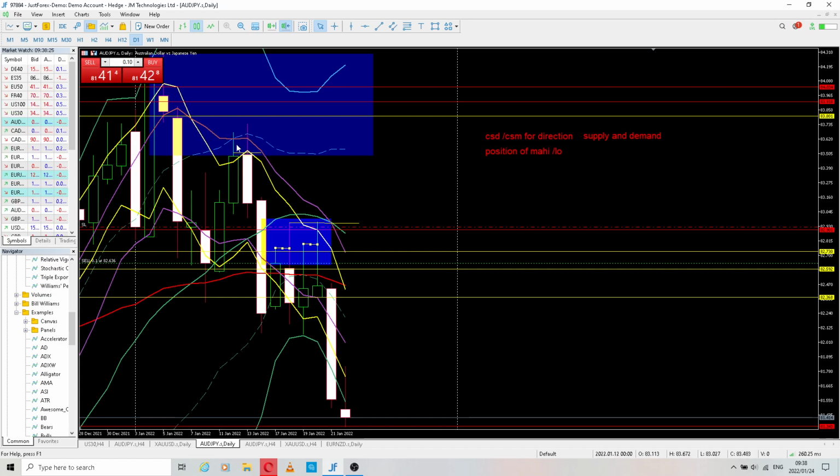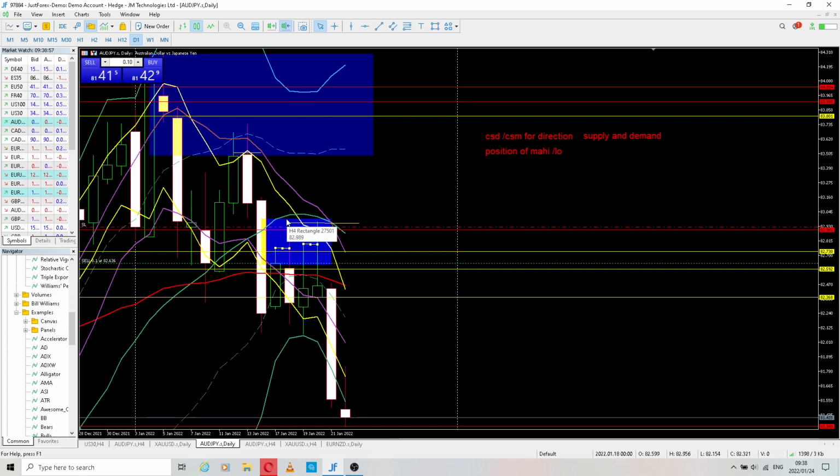But this is a good example of the zones, as you can see there. This is the first touch of this zone, then the market touched your mahi inside that zone, and look at this, the first touch, the next touch goes above, as you can see, the next touch goes above, then the market shoots down, as you can see, guys.